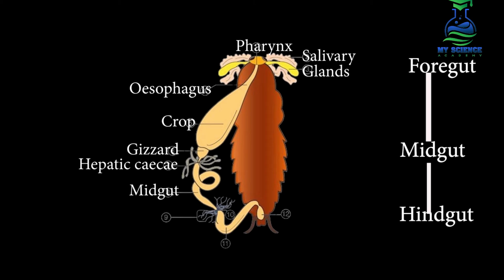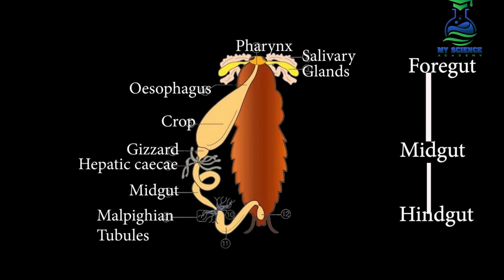Here at the junction of midgut and hindgut, there are present narrow tubules known as the Malpighian tubules, which are 100 to 150 in number, and they are responsible for removing the nitrogenous waste products in the form of uric acid from the body of cockroach.